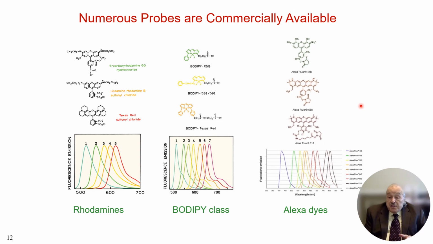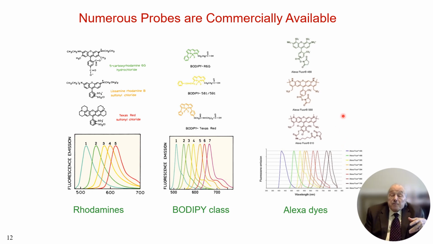Now life is much easier. It used to be that you had to make the fluorophores that you needed to label proteins. And here are just a few examples of those. And we can put them in different classes. There's the rhodamines and the fluoresceins. We have a Bodipy class and Alexa dyes.